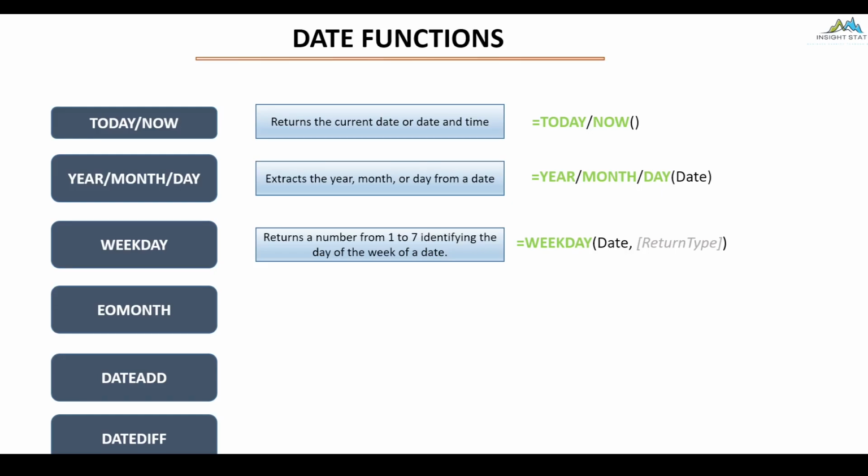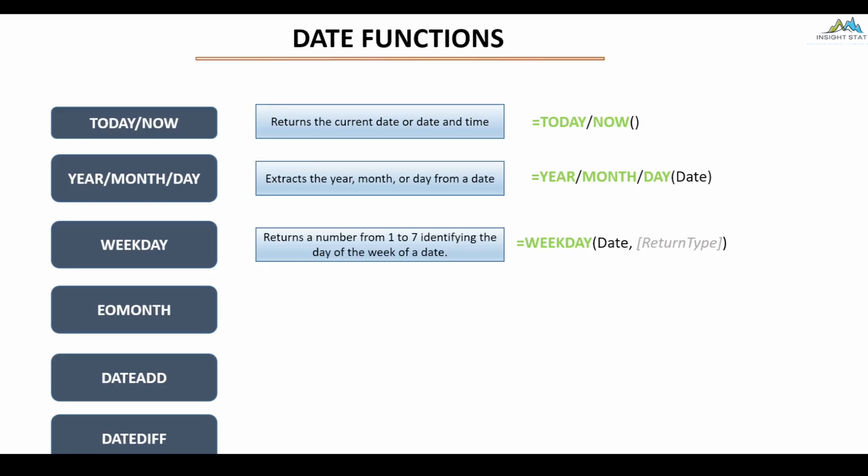All we have to do is pass the weekday function, pass the date, and the return type is optional. So there are different return types which we will talk about. I'll show it to you in the hands-on part. The return type talks about, do you want Sunday to be the first day? Do you want Monday to be the first day? So on and so forth. So it helps us in attaching a number to a given day.